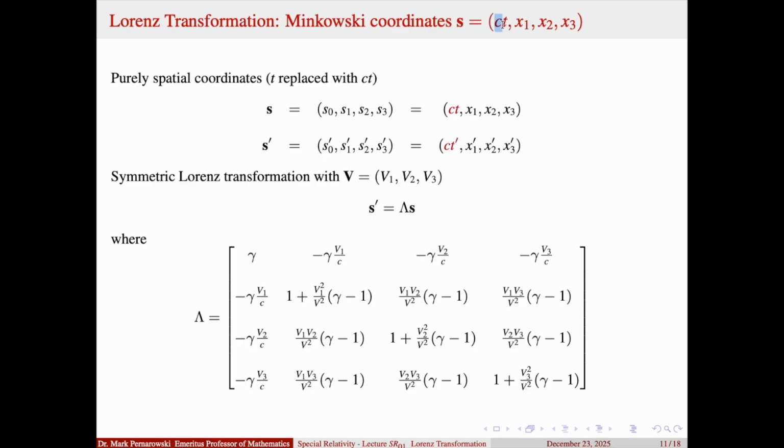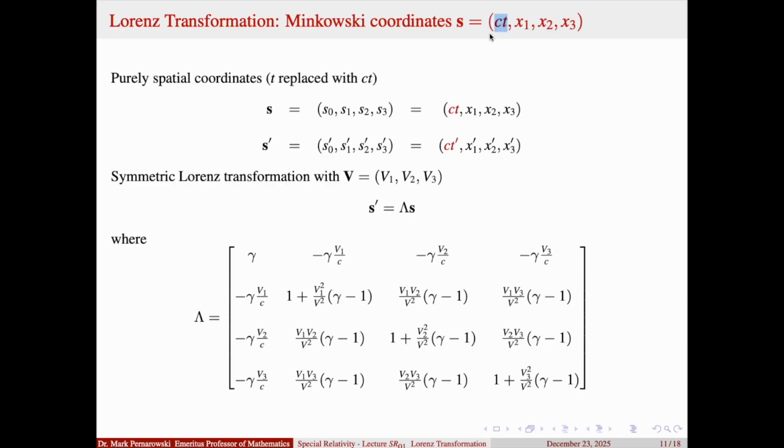We're going to create a new coordinate system called Minkowski coordinates, where the first term is not t, it's actually c times t. Since t is time and c is the speed, the units of this first term will now be space. So this is a space coordinate, not a time coordinate.